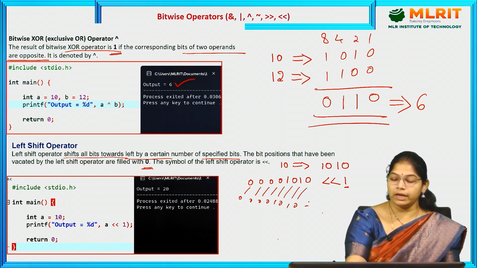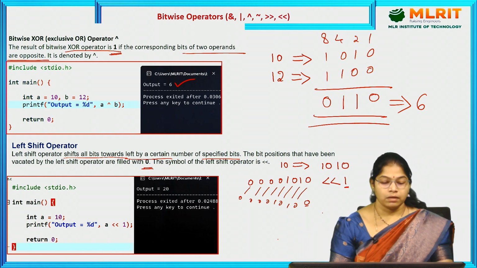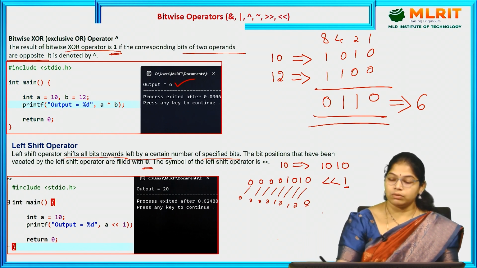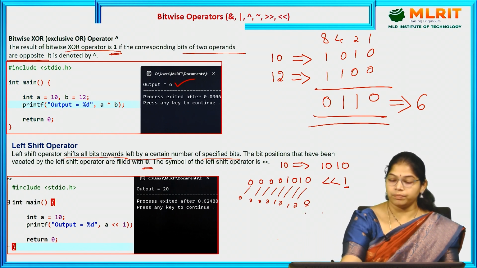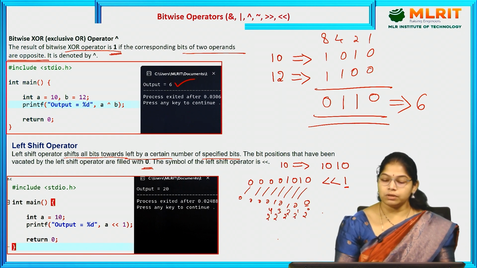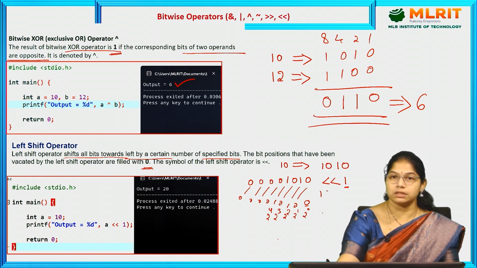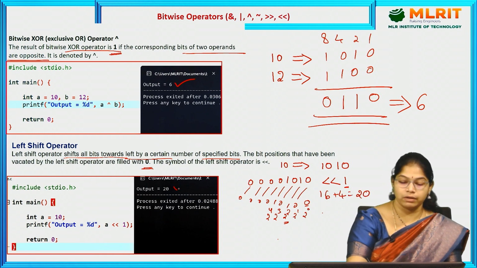The remaining vacant bit is filled with 0. So it is 2 to the power of 0, 2 to the power of 1, 2 to the power of 2, 2 to the power of 3, 2 to the power of 4. So 2 to the power of 4 value is 16, 2 to the power of 2 value is 4. So it is 20. So the value is 20.